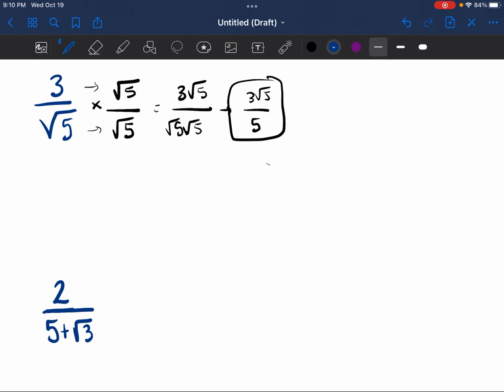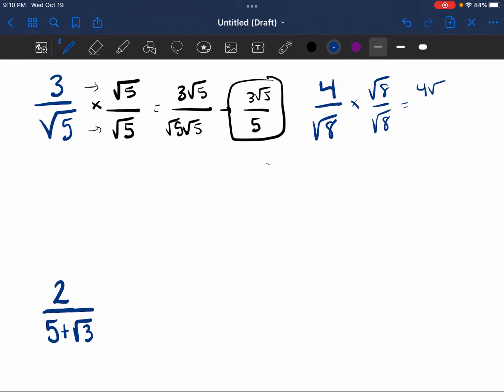So where's an example where we might do that? Let's take this one, 4 over the square root of 8. Go ahead and pause the video and see what you would do to solve this problem. So I'm going to multiply both sides, top and bottom, by the square root of 8.